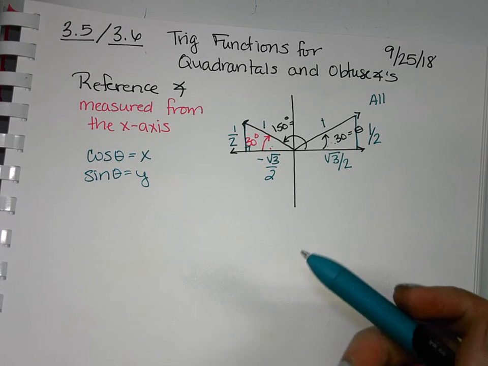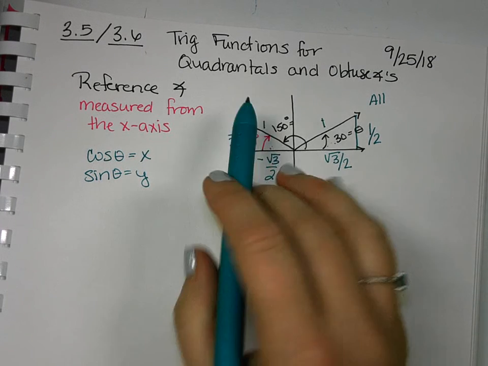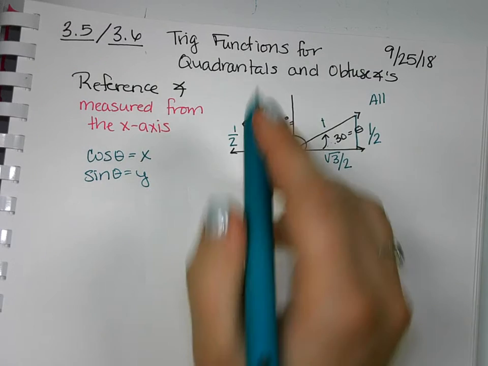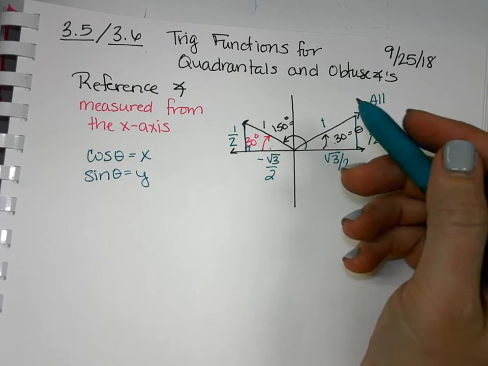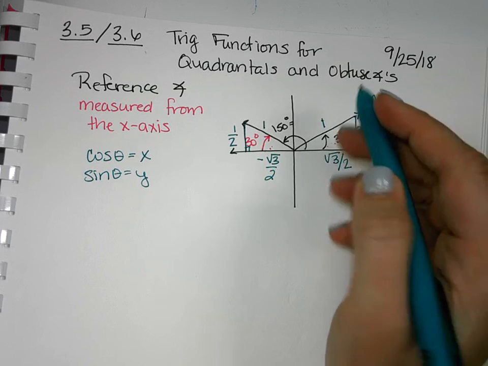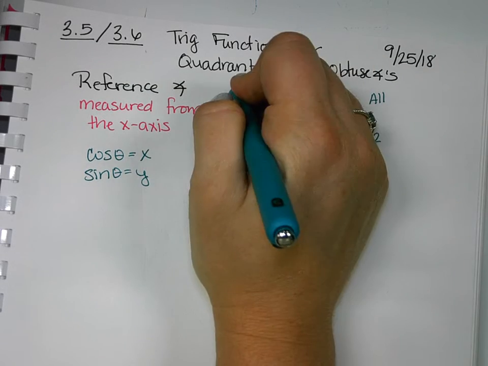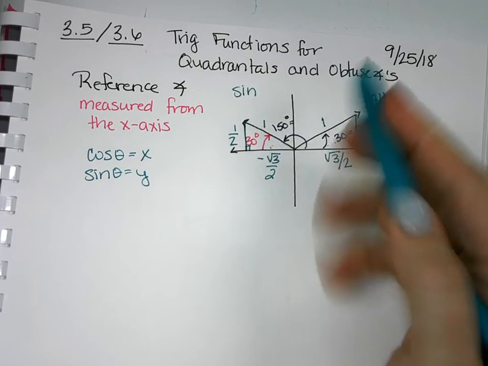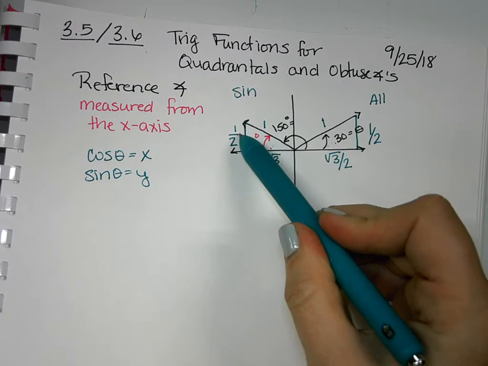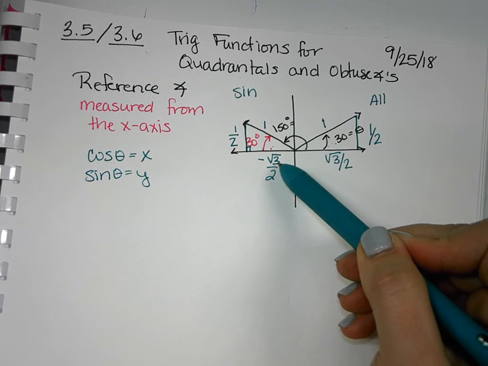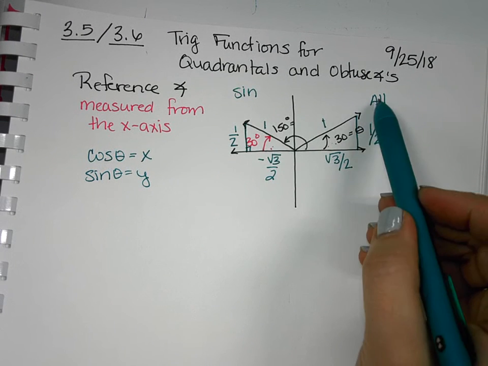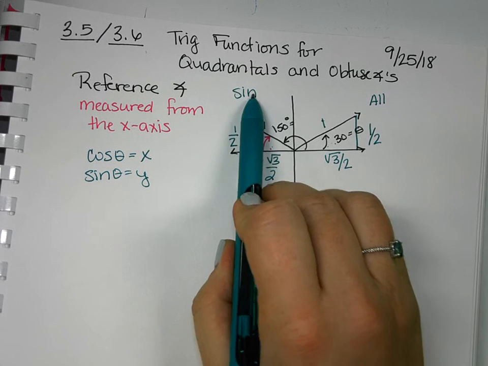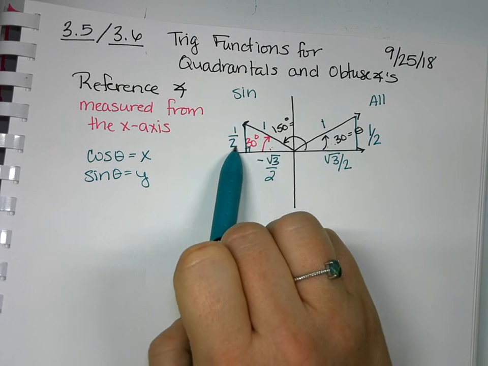So when we come to our unit circle over on this side, the only one that's positive is sine. Even when we do tangent, we have opposite over adjacent, and we're still going to have a negative value. So only sine is going to be positive in this quadrant.